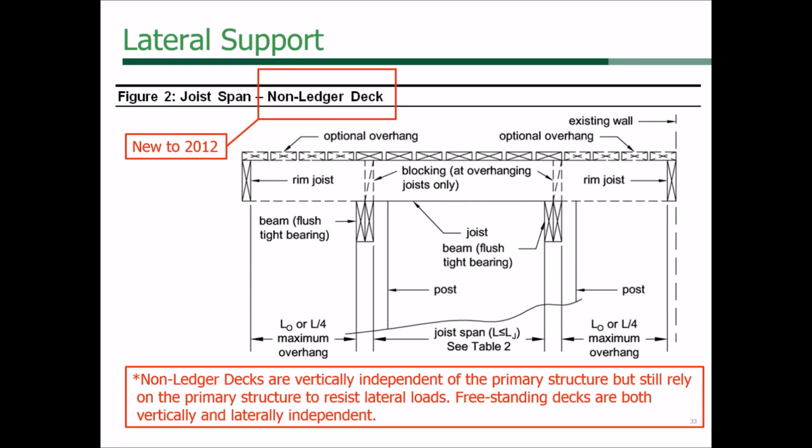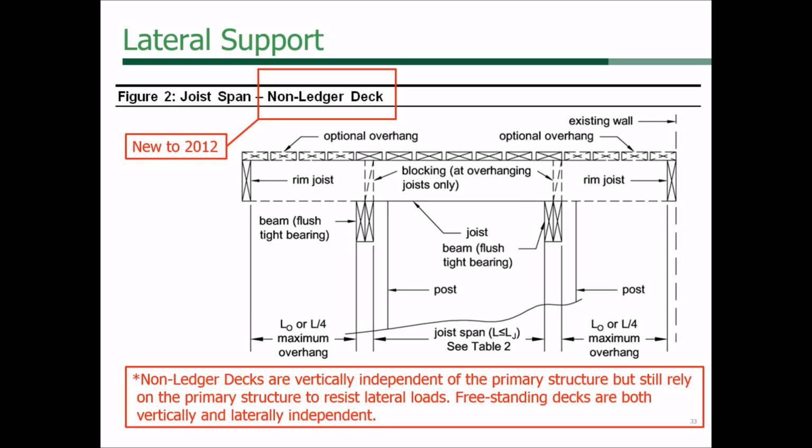Since we always require that lateral attachment to the house, we had to come up with and coin the term non-ledger deck in DCA6. That's different from a freestanding deck.